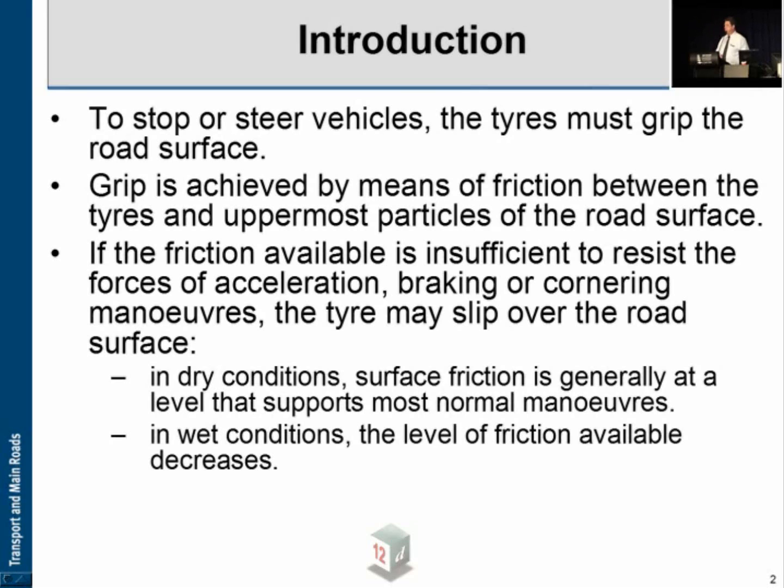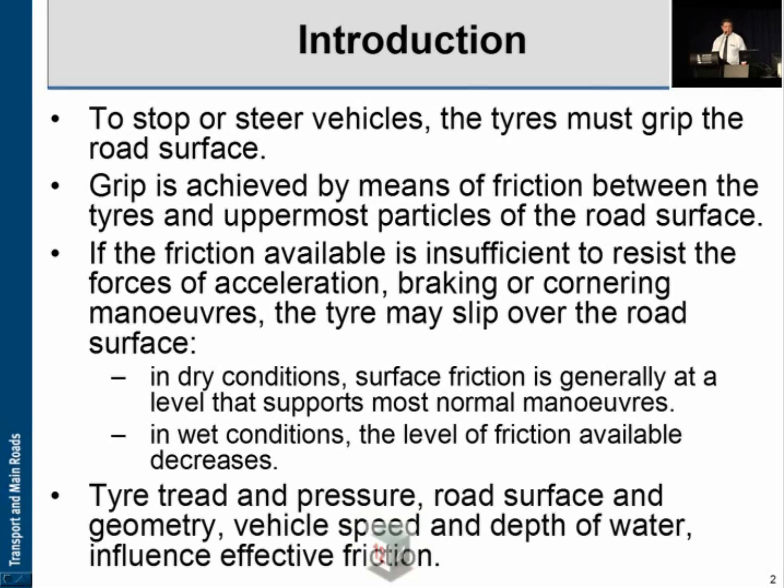Now, in dry conditions, typically everything's okay. It's with the wet conditions that this friction is greatly reduced and problems can start occurring. Now, tyre tread and pressure, road surface and the geometry of that surface, vehicle speed and the depth of water all play a part or influence effective friction.